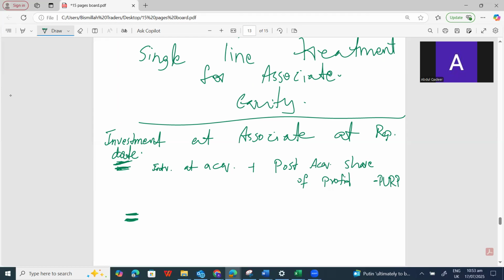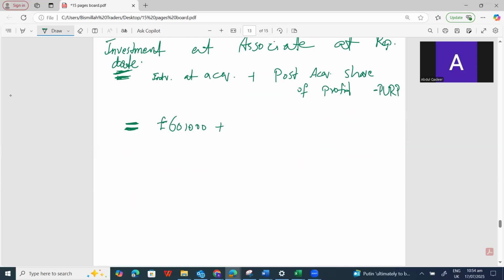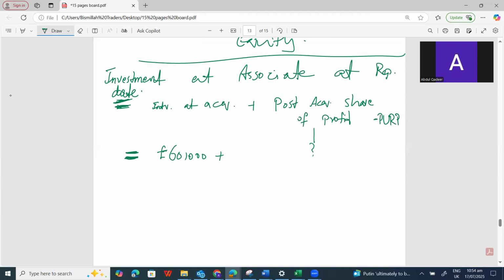Now we see in the question, in the notes, what we need to calculate this formula. We know the investment in the associate at acquisition was £60,000. Next, we need to calculate the post-acquisition share of profit and impairment, and we need to work out where to get them.